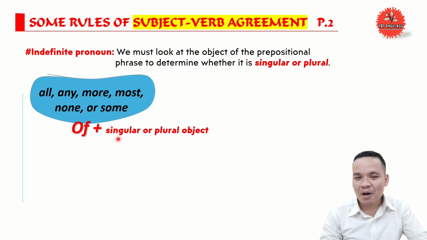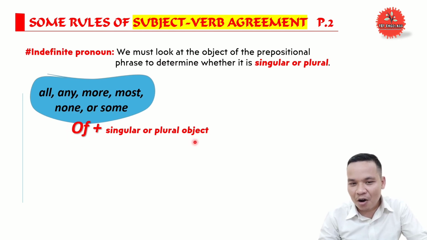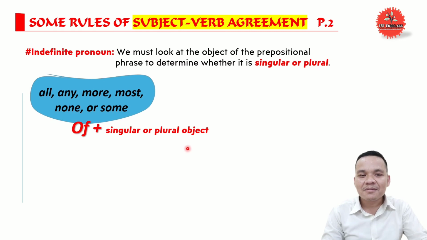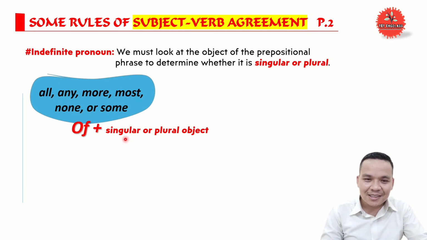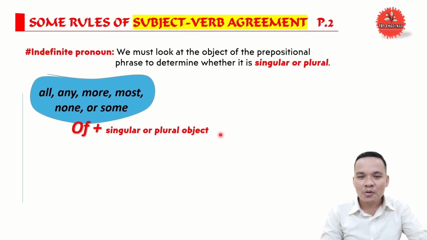This one we call the object of preposition, and all of this we call the prepositional phrase. You can say all of, any of, more of, most of, none of, and some of. So with the object of preposition, you can see the singular or plural verb can change following this object.